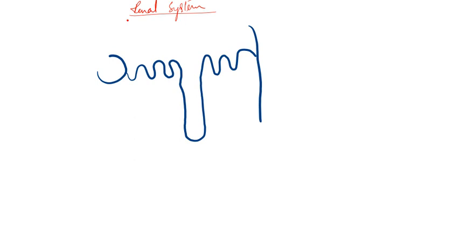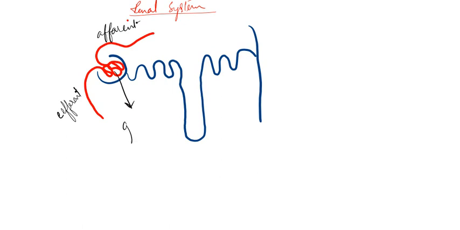Now you have something called glomeruli. This is efferent. This is afferent. This is the glomeruli. This is like teaching LKG classes to students, but still you listen once, right?